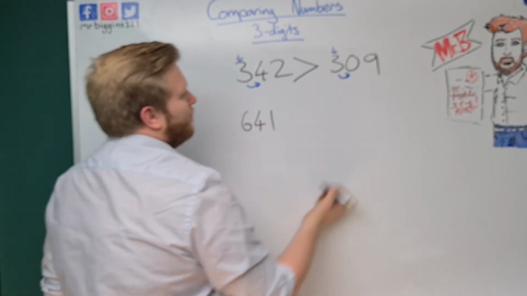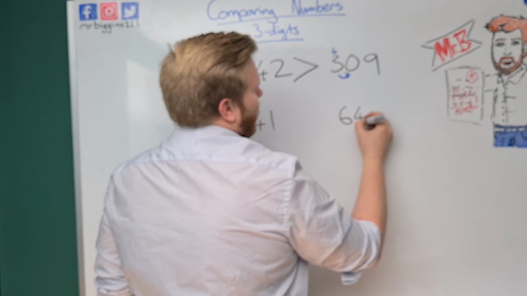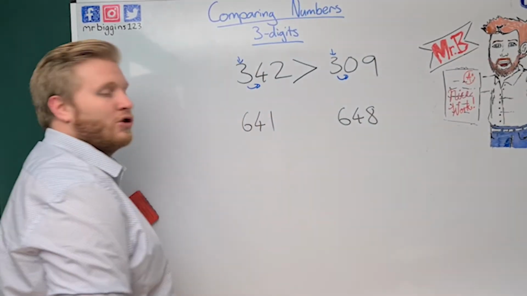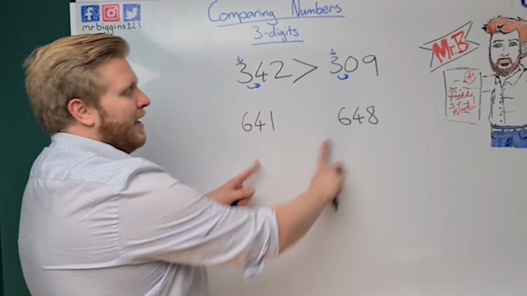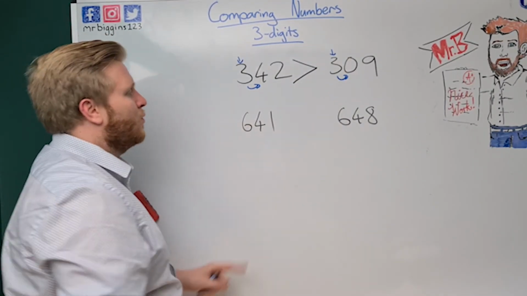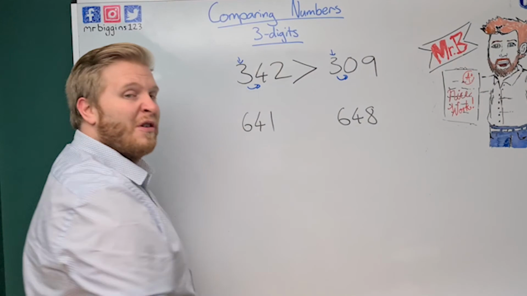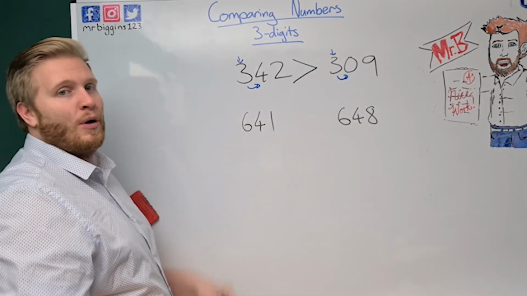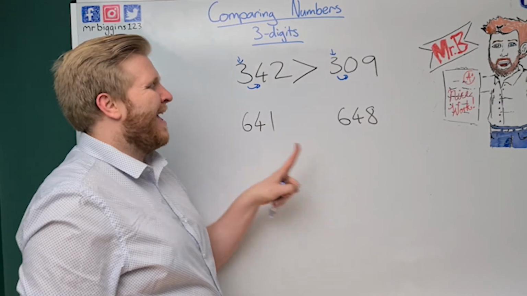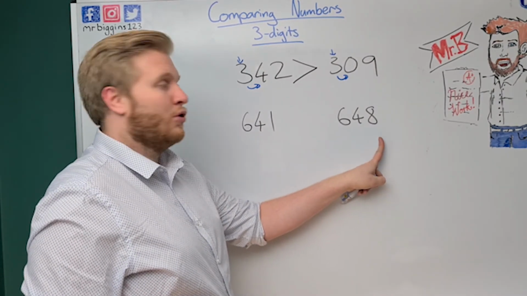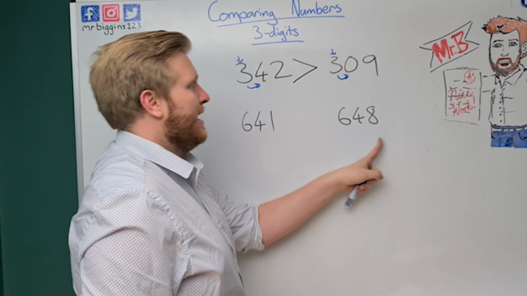Let's have a look at 641 and 648, let's do the same. Check our first numbers. 6 is in each, so we need to move down to the next one. Check our numbers. 4 in each. So we need to move down to our next one. Oh, now we have two different numbers, a 1 and an 8. So 1 is smaller than 8, isn't it?